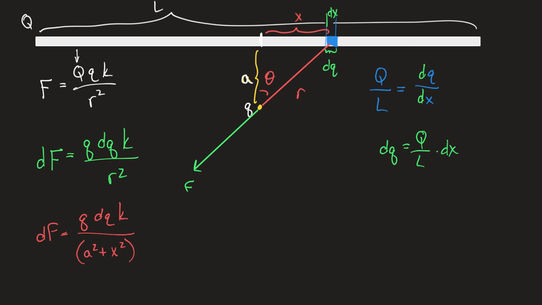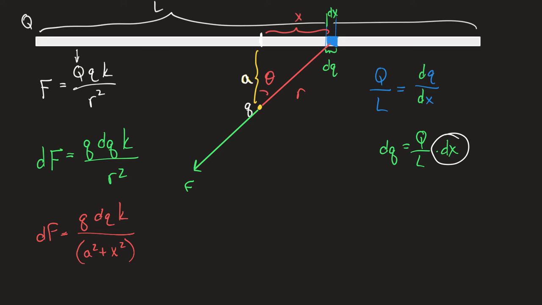Now, we're not quite done with identifying where our piece is, but you still need to have a way of identifying its location regardless of what the shape of the object is. You need to find some variables that you can use. And it's not arbitrary. We're trying to find variables that are related to the size of the piece. So I didn't choose to use x arbitrarily. I chose x because x is related to how thick that piece of charge is going to be.